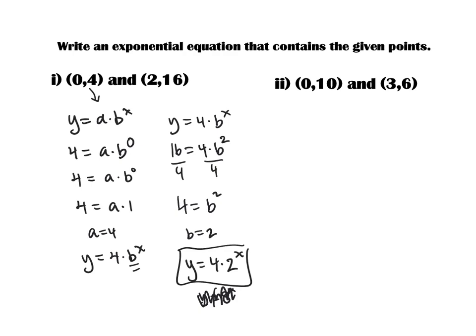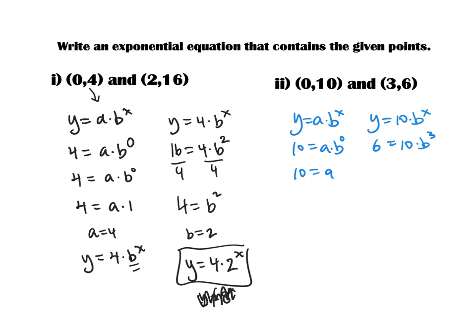Okay, let's do the same thing for the second one. So y equals a times b to the x. I plug in a 10 for y and a 0 for x. That means I get 10 equals a. Therefore, y equals 10 times b to the x. I plug in a 6 for y, and I plug in a 3 for x.